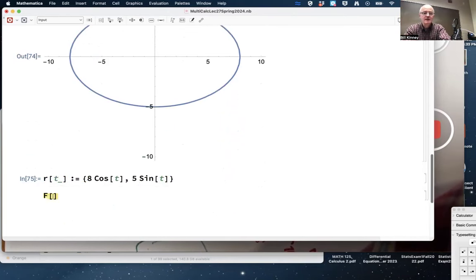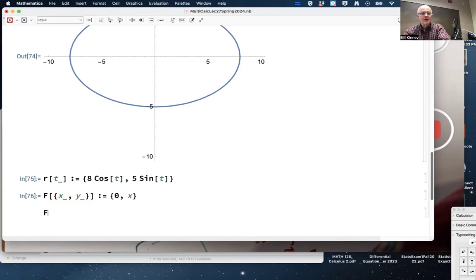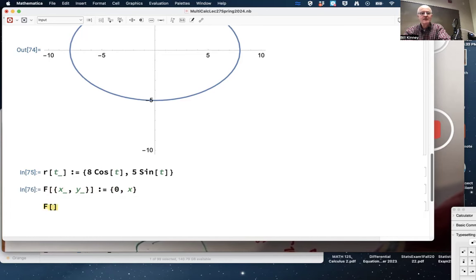And if I pick a vector field whose scalar curl is 1, for example, if I pick it to be (0, x), for example, that's a simple vector field whose scalar curl is 1. The integral of that vector field will give you the area of the ellipse.